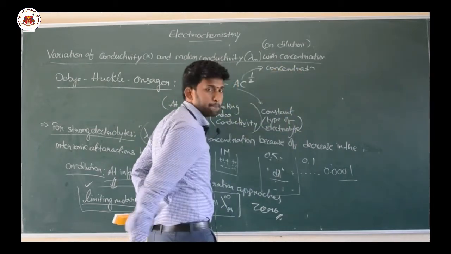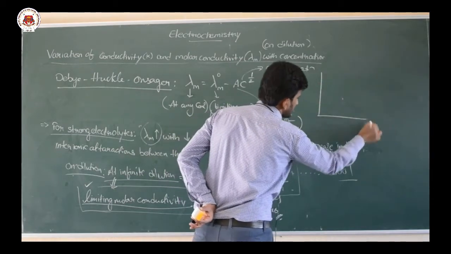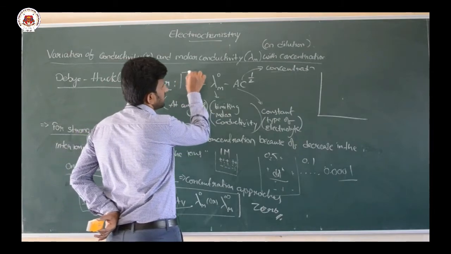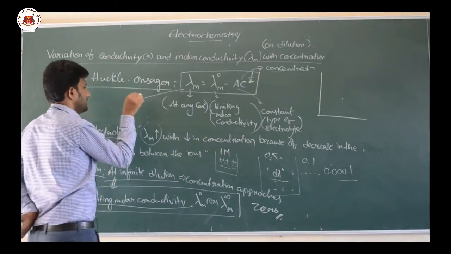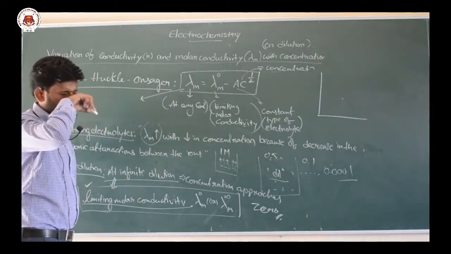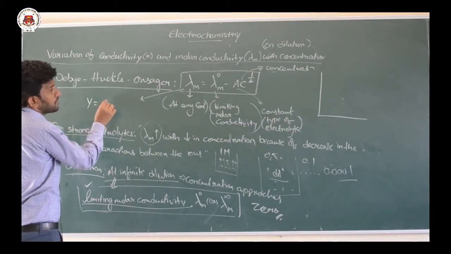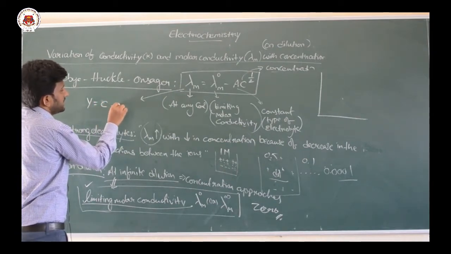Okay? Now, if I represent the same graphically, this equation is similar to a straight line with negative slope. That is, I will write here y is equal to c minus mx.